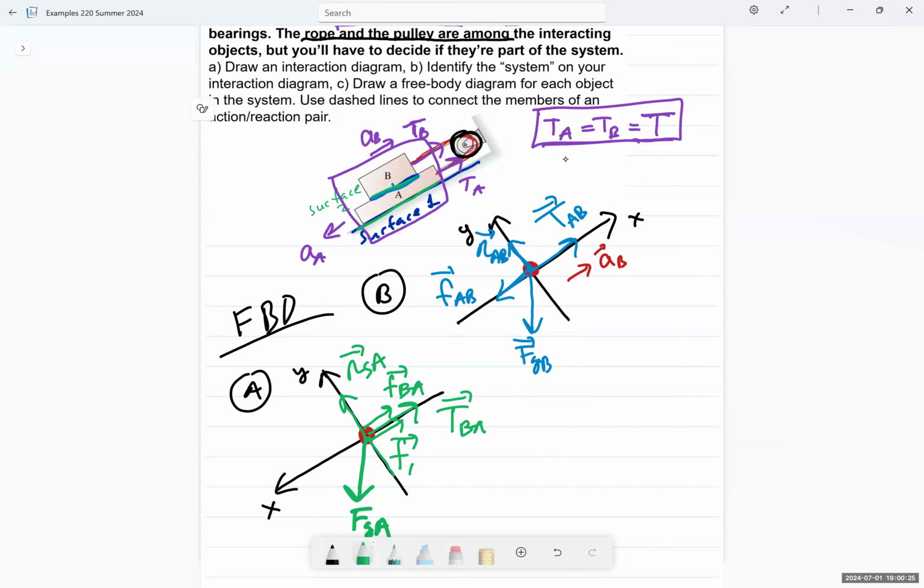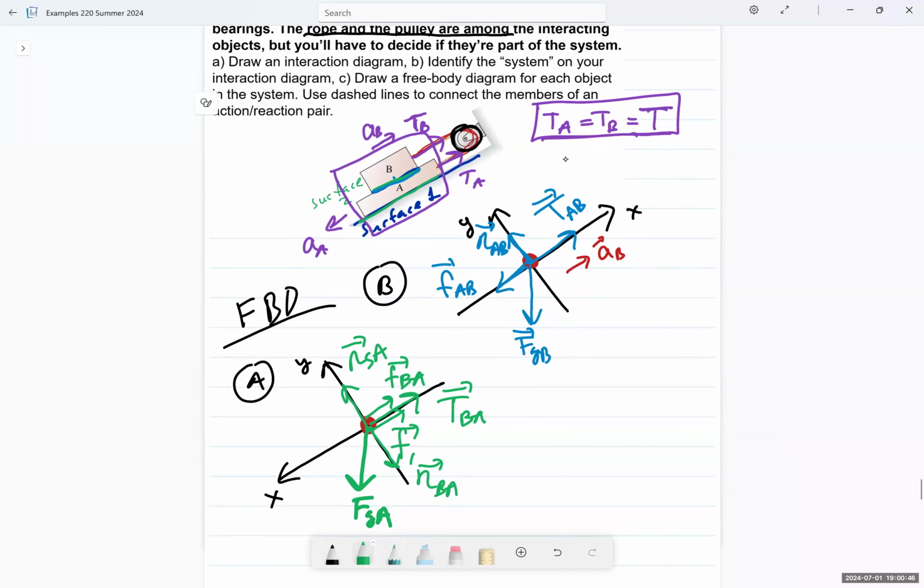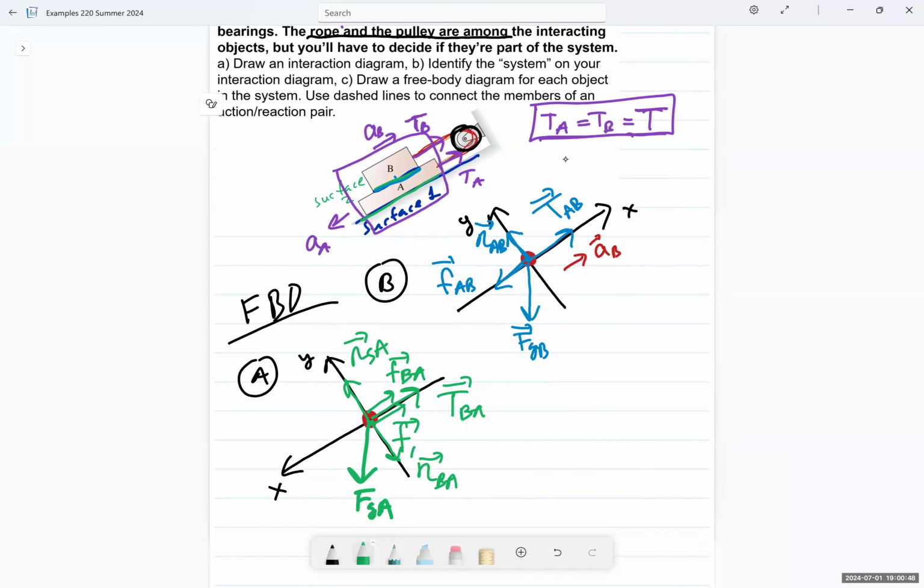There's also a normal force, and this is going to be B on A. Remember, it's going to be this normal force in that direction. As you can see, there are 1, 2, 3, 4, 5, 6 forces acting on A, and it is accelerating downward with acceleration. Okay.